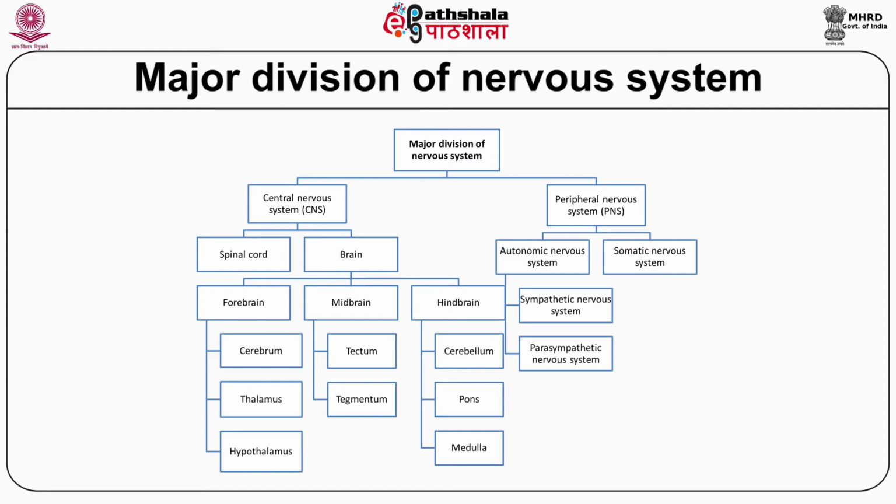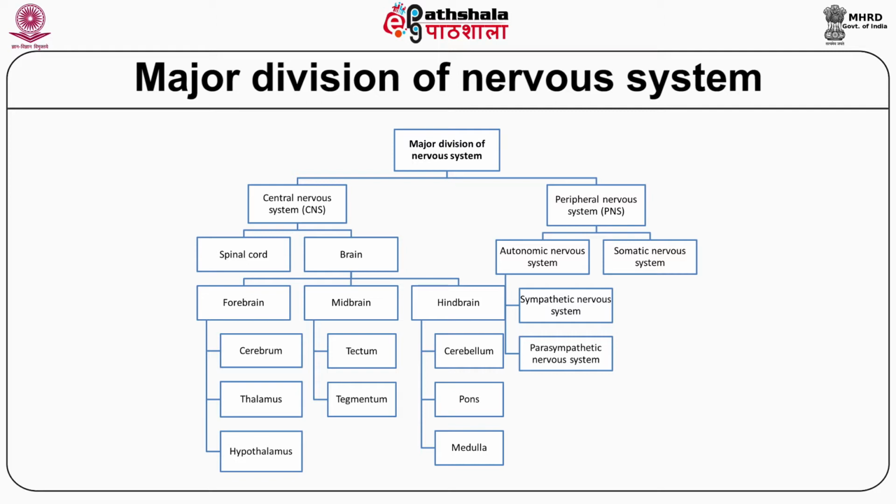The central nervous system is composed of the spinal cord and the brain. The brain can be further divided into forebrain, midbrain and hindbrain. The forebrain can be divided into cerebrum, thalamus and hypothalamus regions, while the midbrain has the tectum and tegmentum, and the hindbrain has the cerebellum, pons and medulla oblongata.